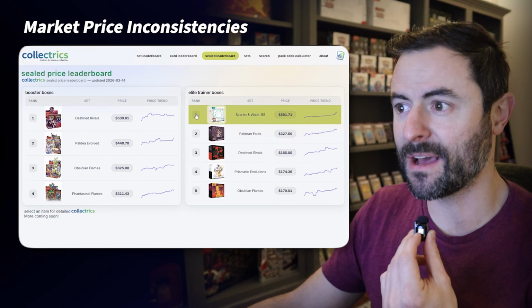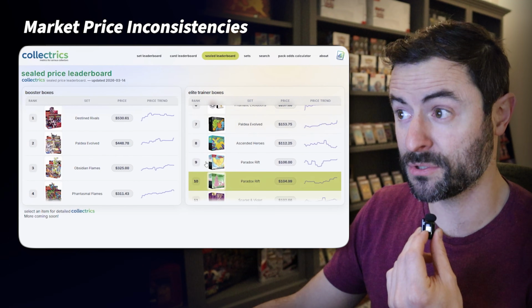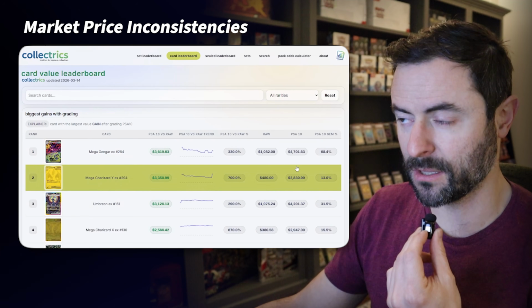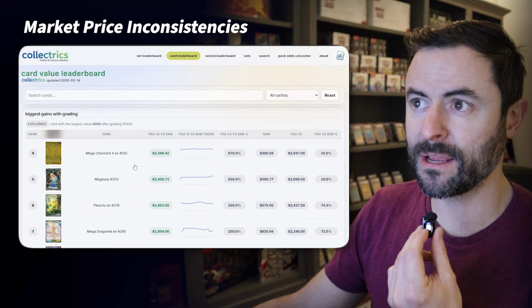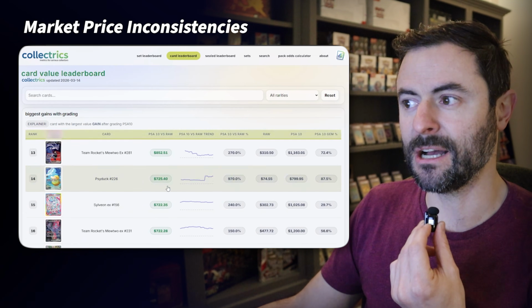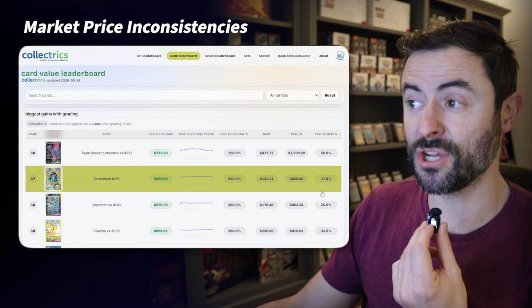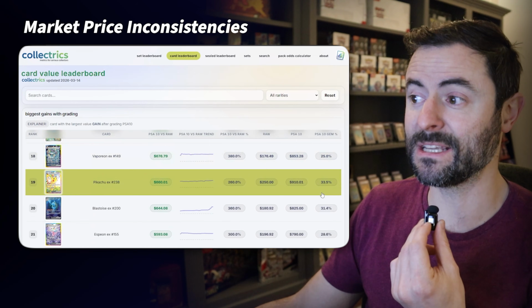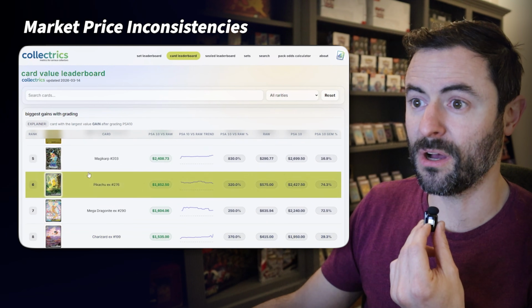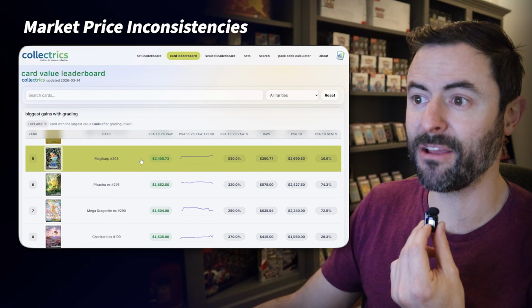I've got some new things I've added here, like a sealed leaderboard, which you might find pretty cool. We already have this card leaderboard where we show the highest gains in value after grading PSA 10. And also we have the PSA gem rates. So the ones that you see have an extremely high value add.